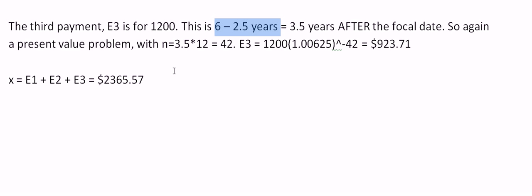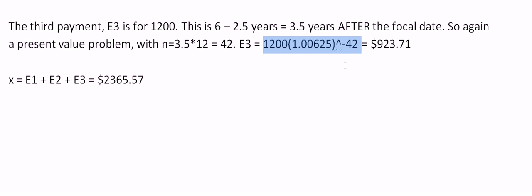So again, this is a present value problem with n is 3.5 years times 12, which equals 42. And therefore we can make our present value equation: E3 equals 1200, open brackets 1.00625, close brackets, raised to the power of minus 42.